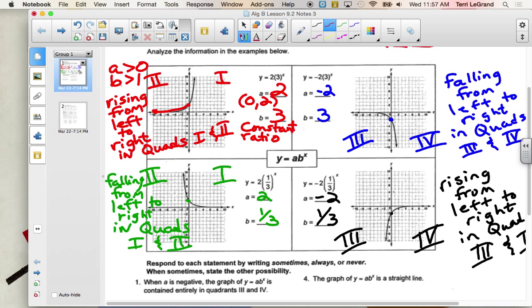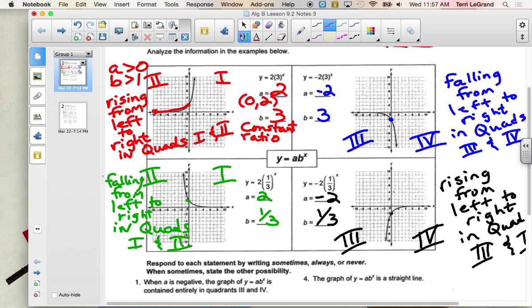Okay, let's check out another one, this one over here where A was negative and B was greater than 1 again, 2. Let's pick a new A value. Should we use -3? In your calculator, remember the negative key is next to the enter key.